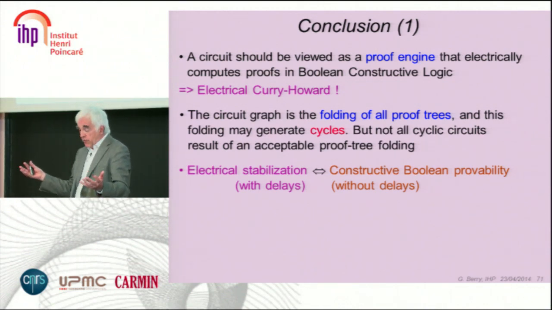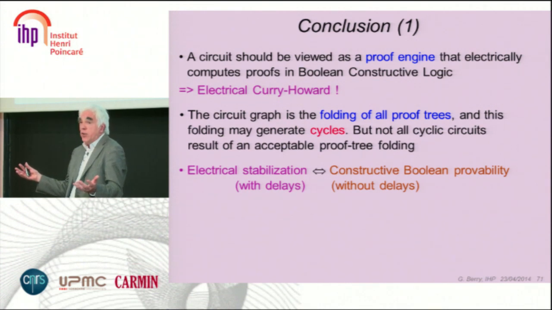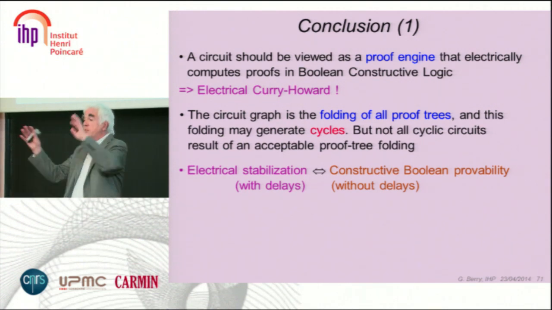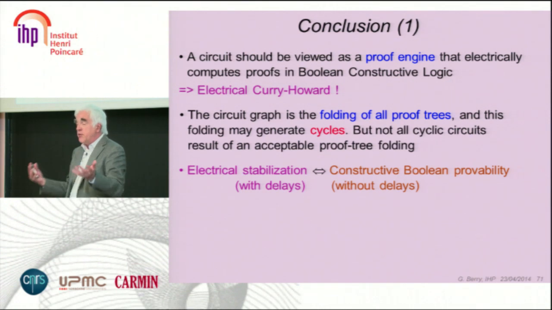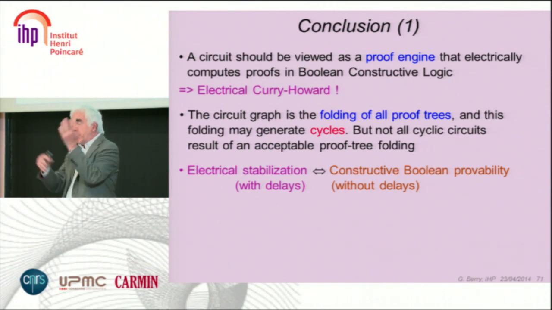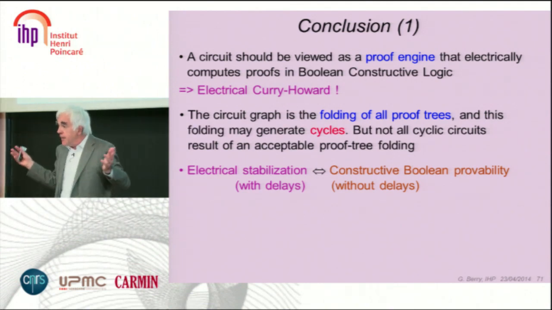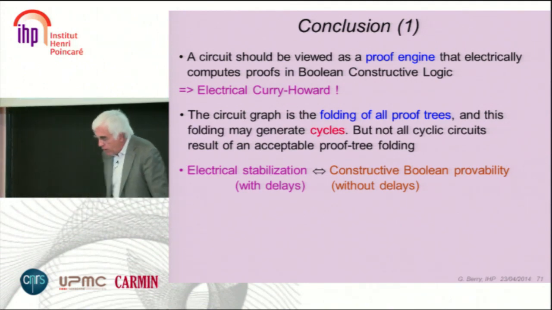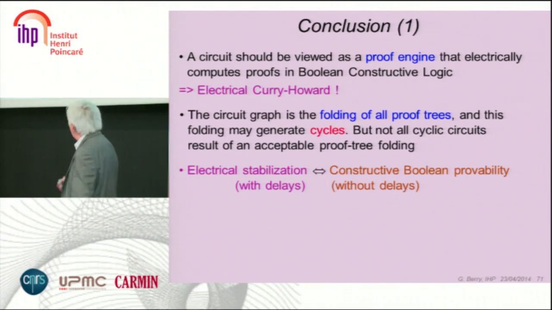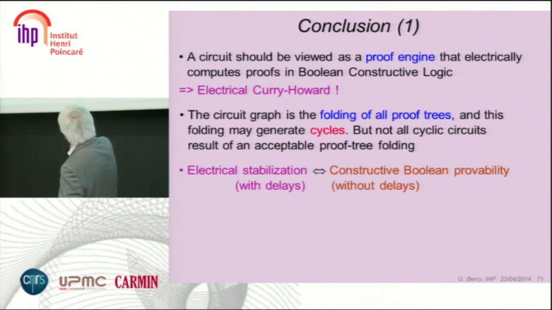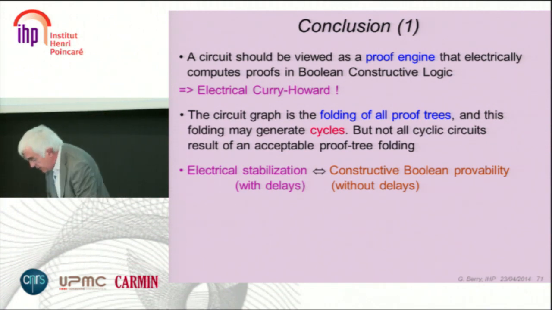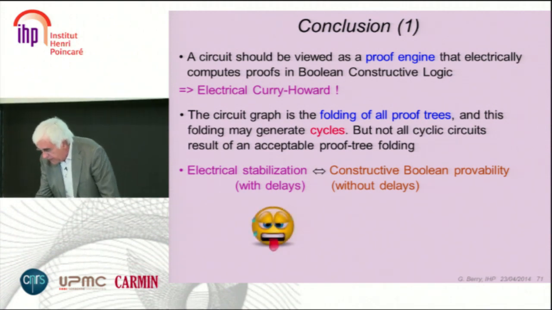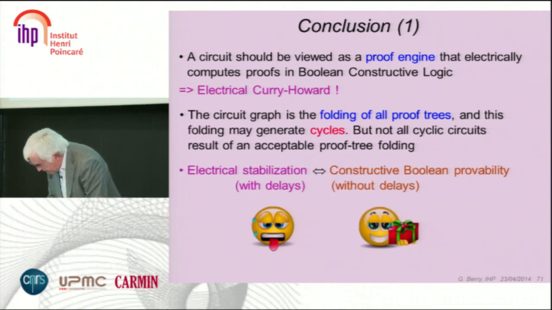And we discovered that to transform that into a circuit, we just have to find a circuit that folds the proof trees, a structure, a graph, which is the folding of the proof trees of the language, and hop, put electricity in that, and it works. And so stabilization with delays is the same as stupid constructivity without delays. That's the good news. That's difficult. The other one is easy.